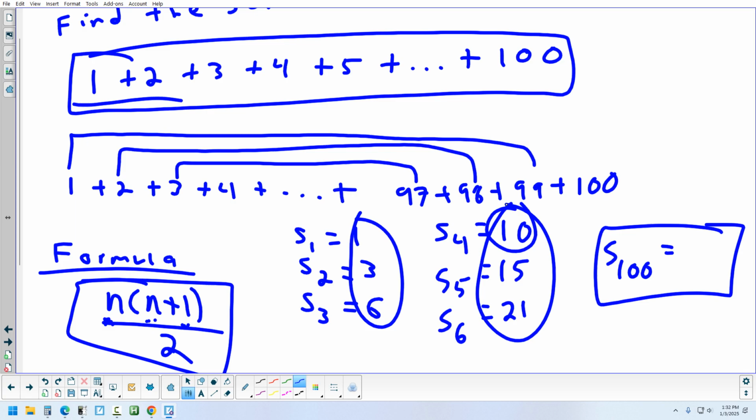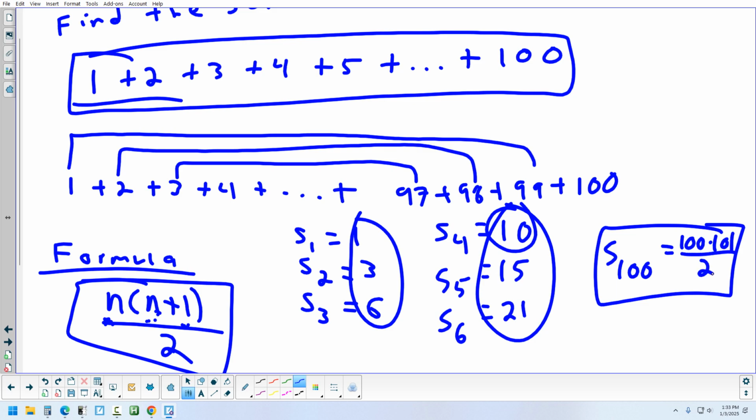So if I wanted to add up the first 100, plug in 100 for n. What's 100 plus 1? 101. Right? Times 100 divided by 2. So it's 100 times 101 divided by 2.